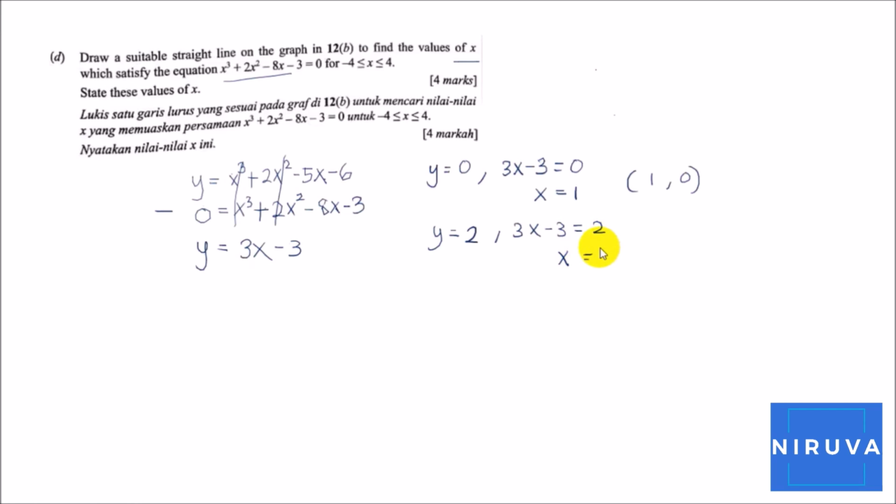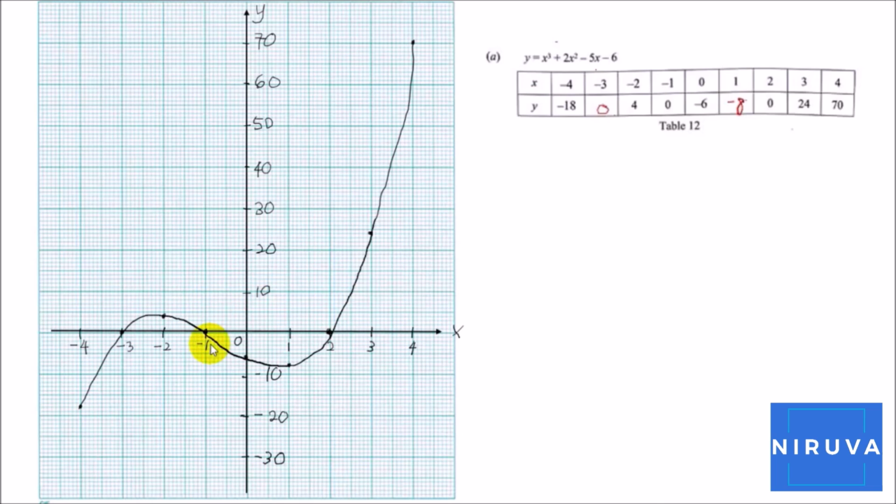So x is 5/3, or in decimal form 1.67. So now we have 1.67 at y equals 2. So now we have two coordinates to draw the straight line: (1, 0) and (1.67, 2).